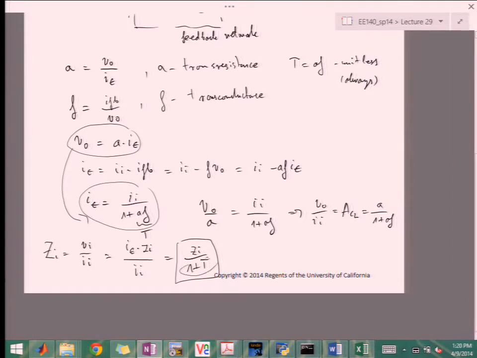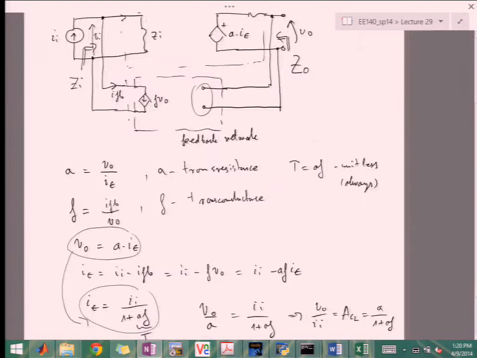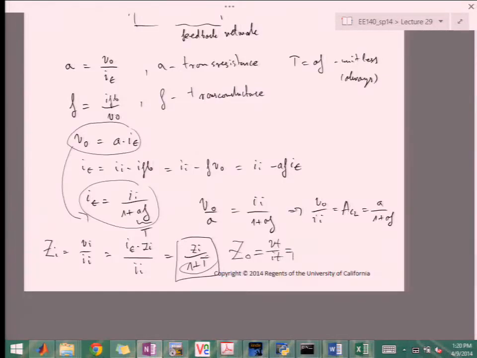And then what we have for the Z out is that Z naught will be V test over I test. Given that we've already done that in the previous one, series shunt, this one will also be reduced.